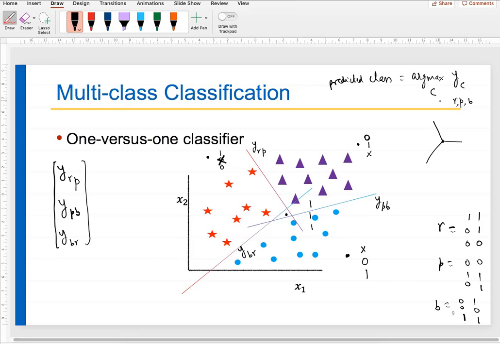Right, okay. So I have this vector yr, yp, yb.